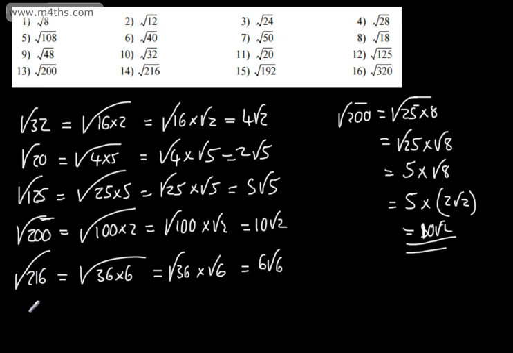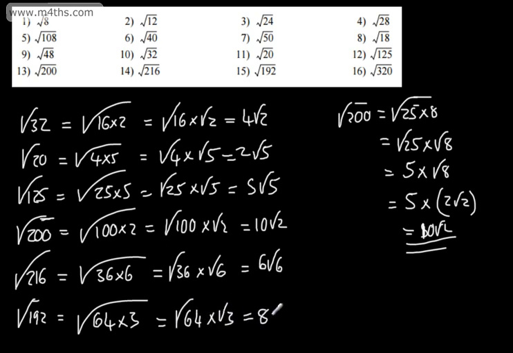Right, let's look at the next one, the square root of 192. If you're struggling here, let's just take a logical guess. 64 times 3. That looks pretty good. 3 times 64 is going to give us 192. So root of 64 multiplied by the root of 3.